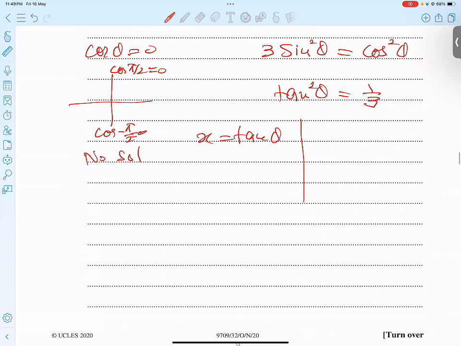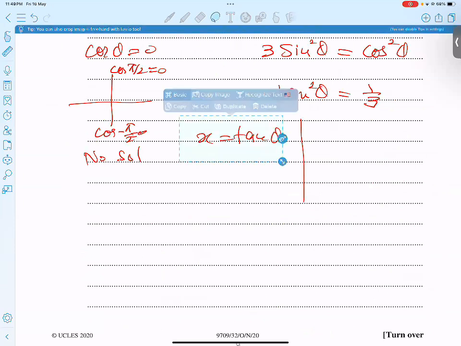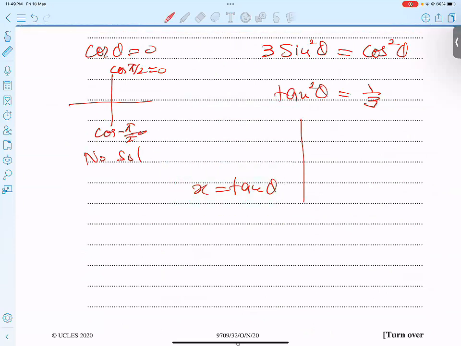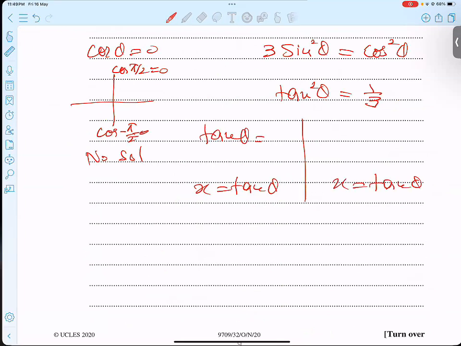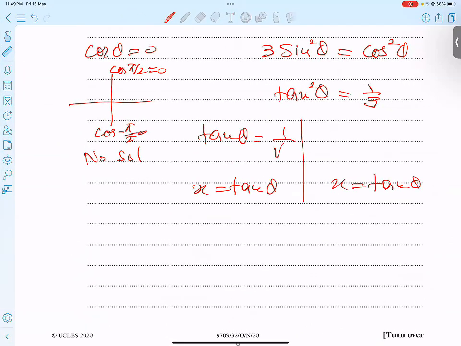Now you may ask one question. We have 2 answers, okay? One is tan theta coming as 1 over root 3, positive, and the other I'm getting here is negative 1 over root 3. So this value is the same, correct? This is a shorter way.